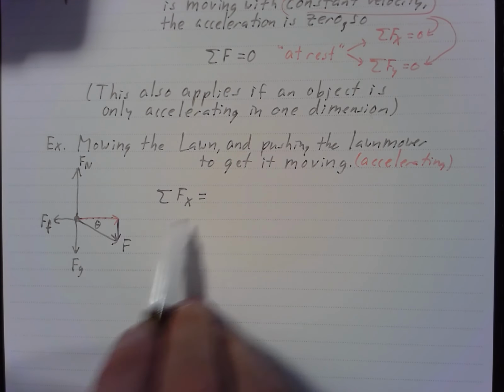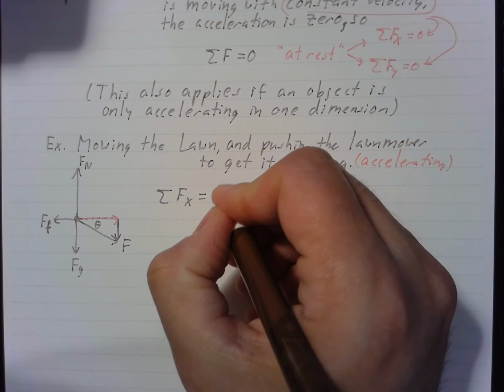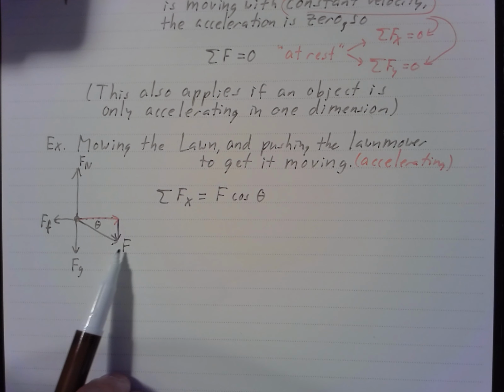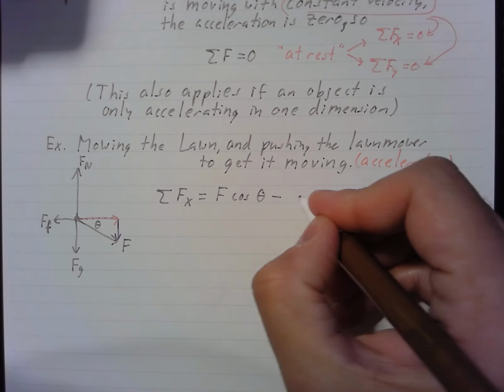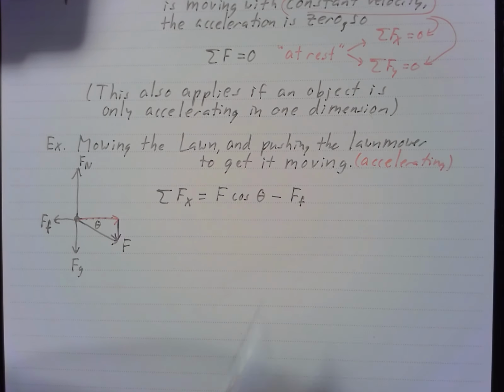So the way that I would write this expression, the net force in the x direction is going to be F cosine theta. So it is the horizontal portion of this force minus the friction force. And that's the net force.